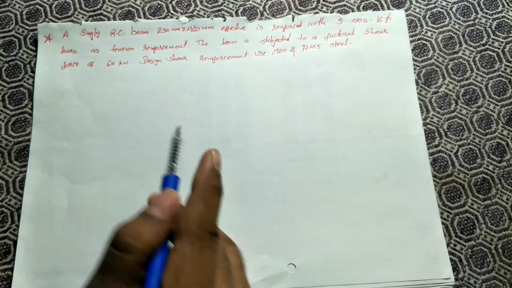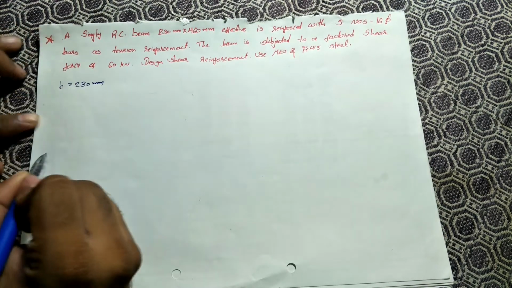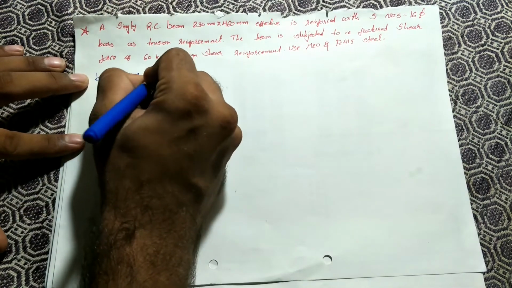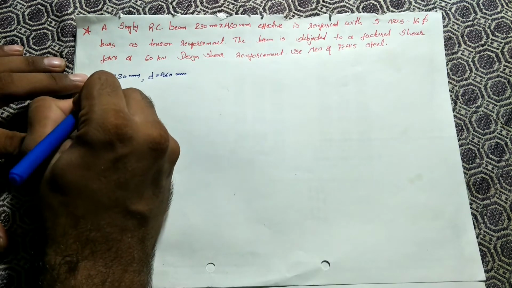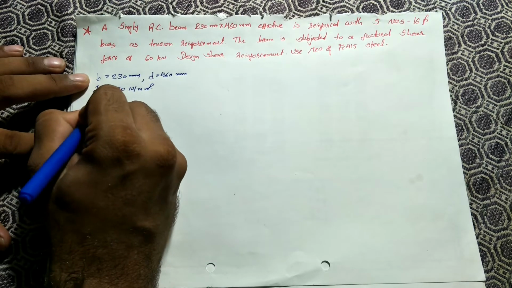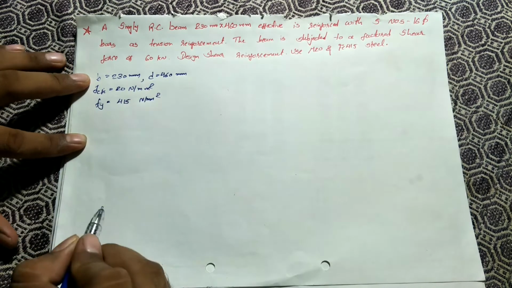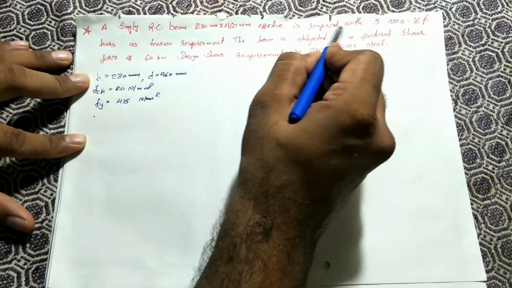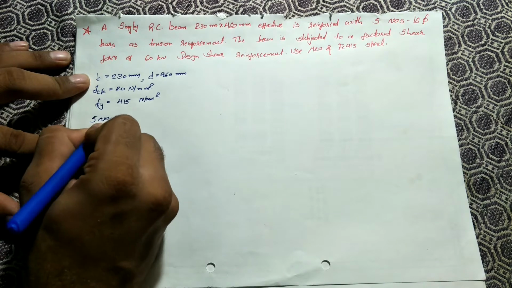singly and doubly reinforced beams. Okay, so here the data given is: B equals 230 mm, D equals 460 mm, fck is 20 Newton per mm square, and fy equals 415 Newton per mm square. Here you have been given the area of steel, meaning the beam is reinforced with 5 numbers of 16 mm diameter bars.